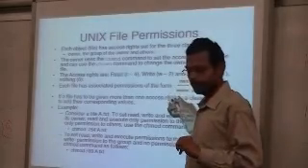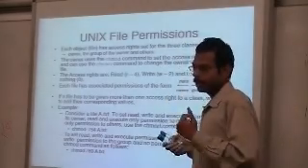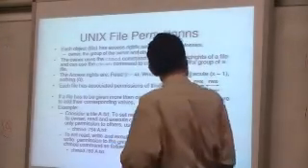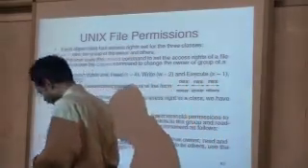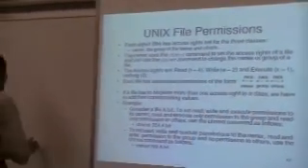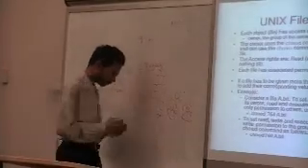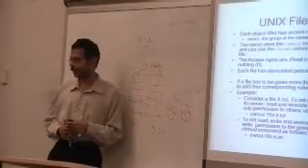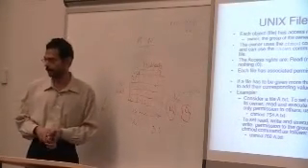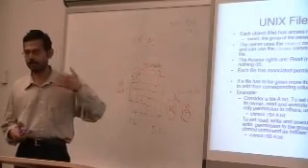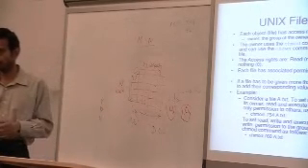One is the owner of the file, whoever creates it. Remember Unix, I said in the previous class, uses what? A discretionary access control model, which means the owner of the file can decide what permissions everyone else has on the file. It's up to the discretion of the creator or owner of the file.